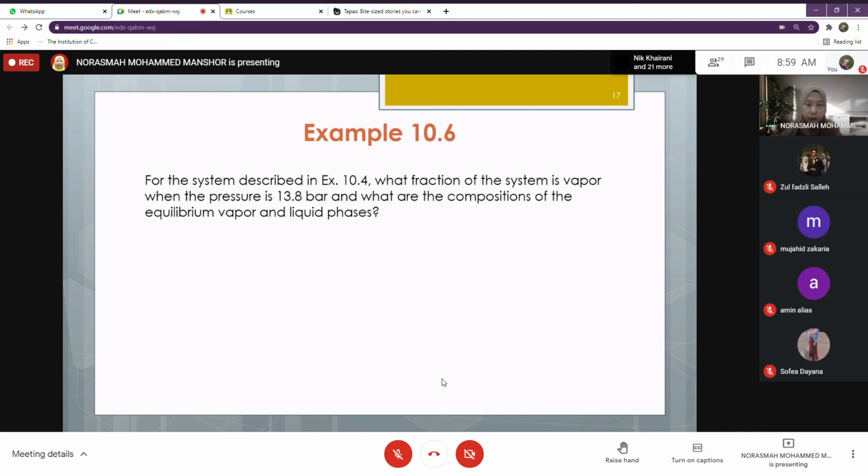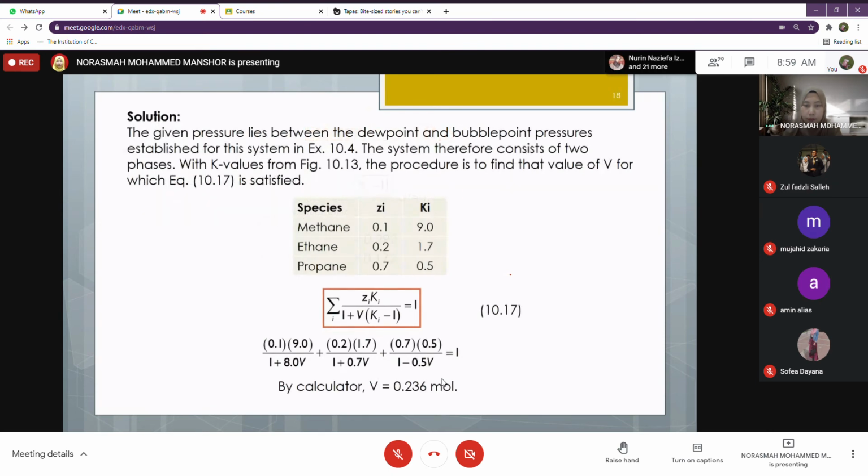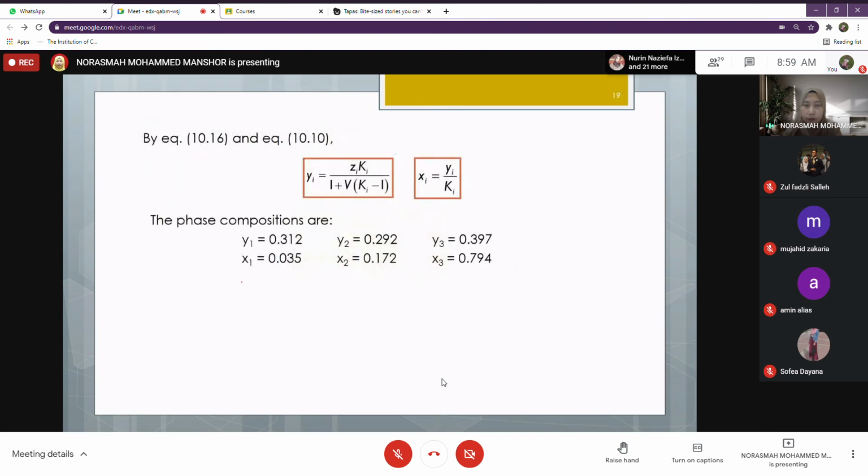Okay, this is the answer for the compositions of vapor and liquid. Substitute into equation 10.16 and 10.10.